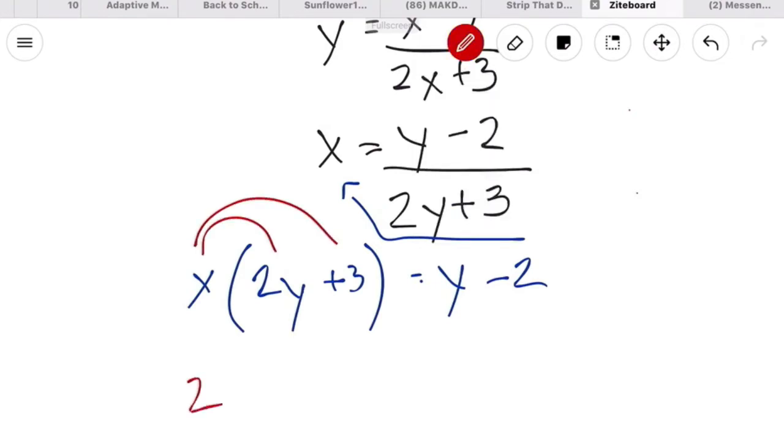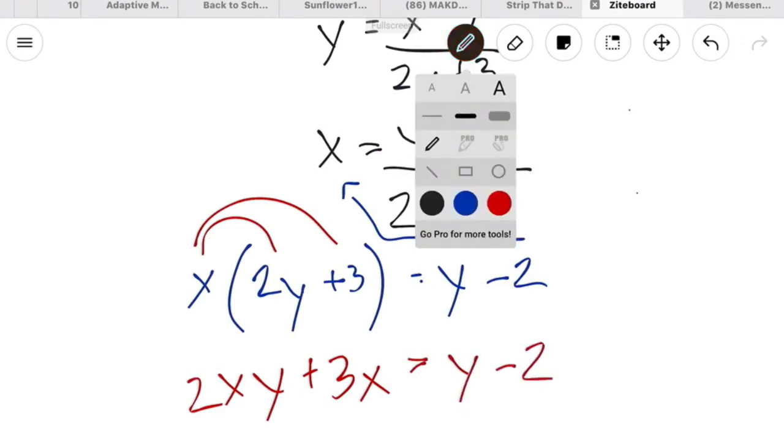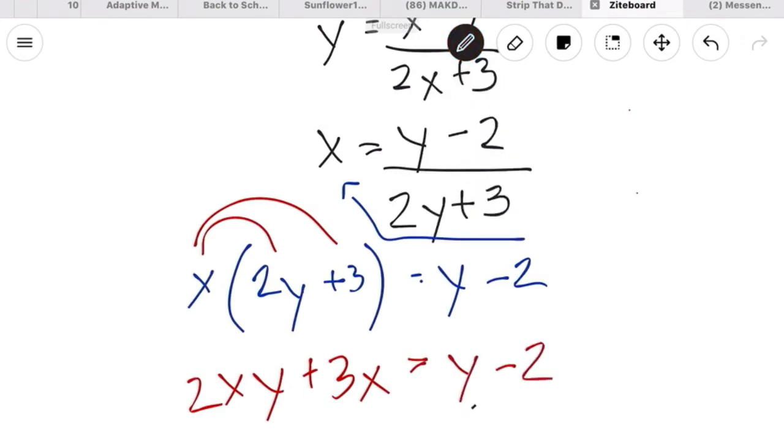So, magiging 2xy plus 3x equals y minus 2. And then, we need to transpose y here and the 3x here. So, magiging 2xy minus y equals negative 3x minus 2.